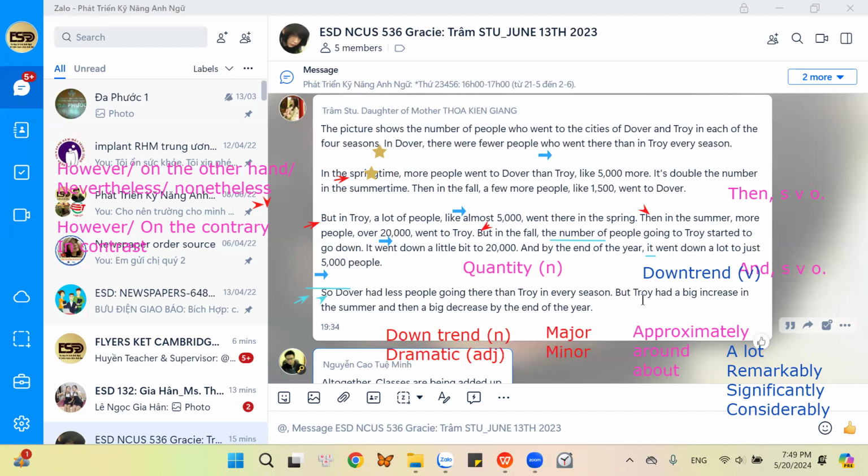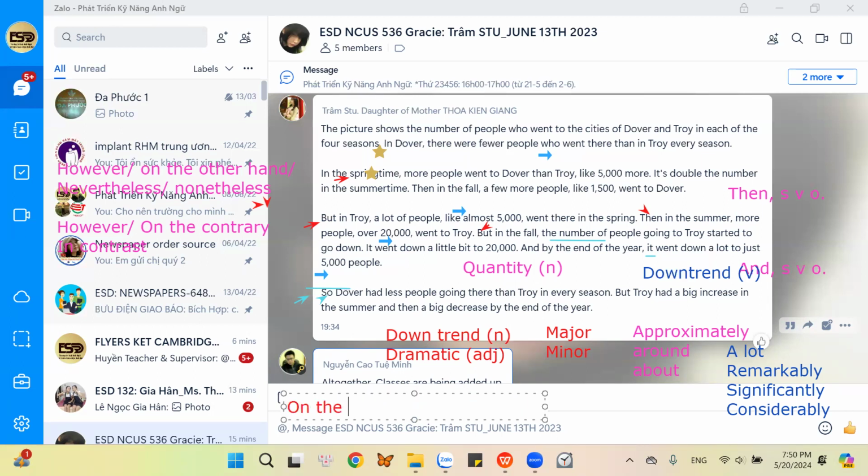On the other hand, Troy had a major uptrend in the summer, followed by a dramatic downtrend by the end of the year. Yeah, think about the structure followed by.